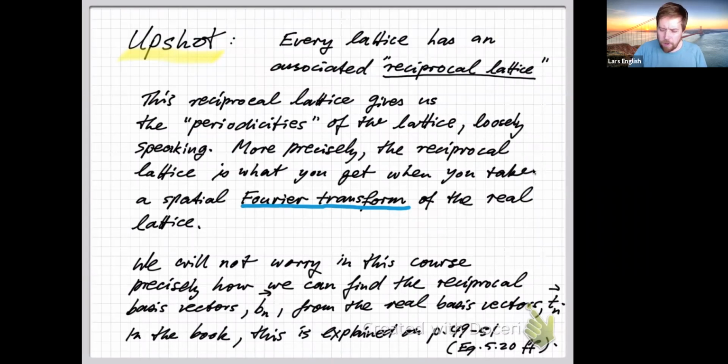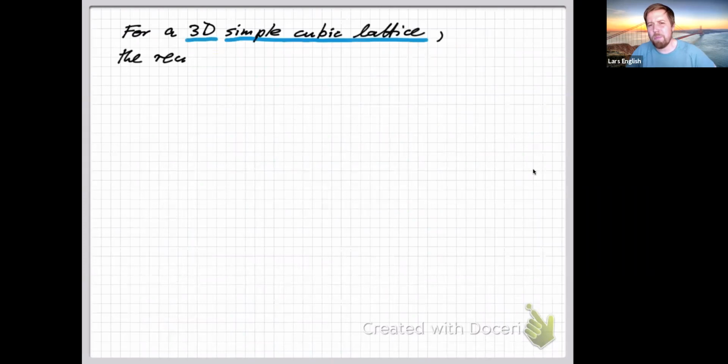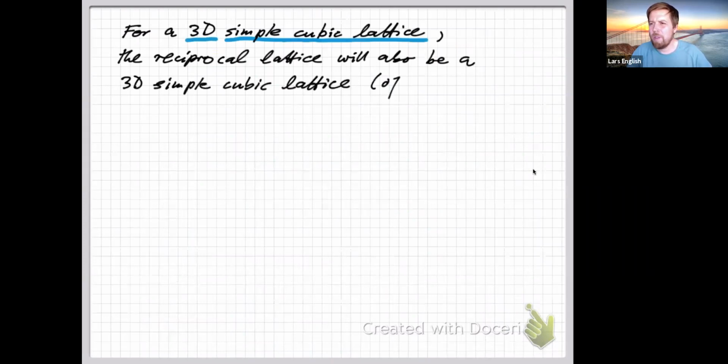Now we can say that for a three-dimensional simple cubic lattice, which is the simplest crystalline structure in 3 dimensions that you can possibly think of, the reciprocal lattice will also be a 3D simple cubic lattice.